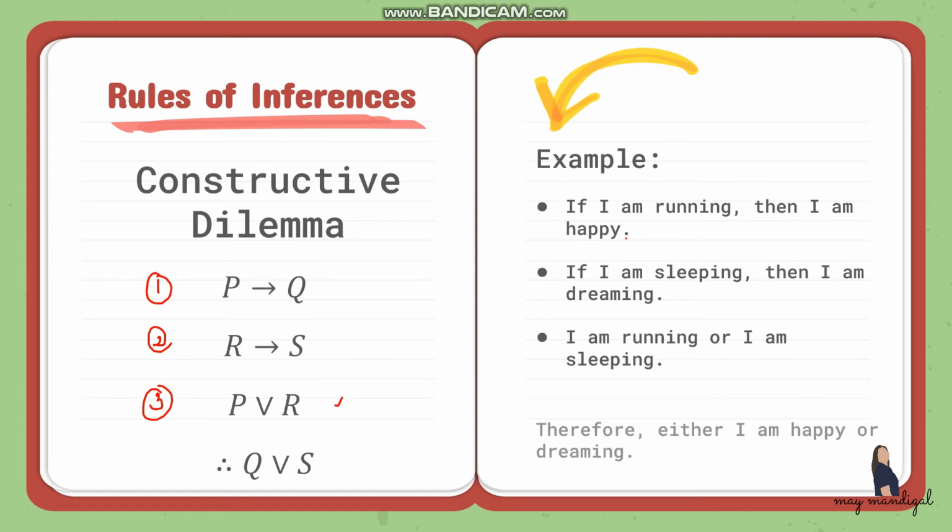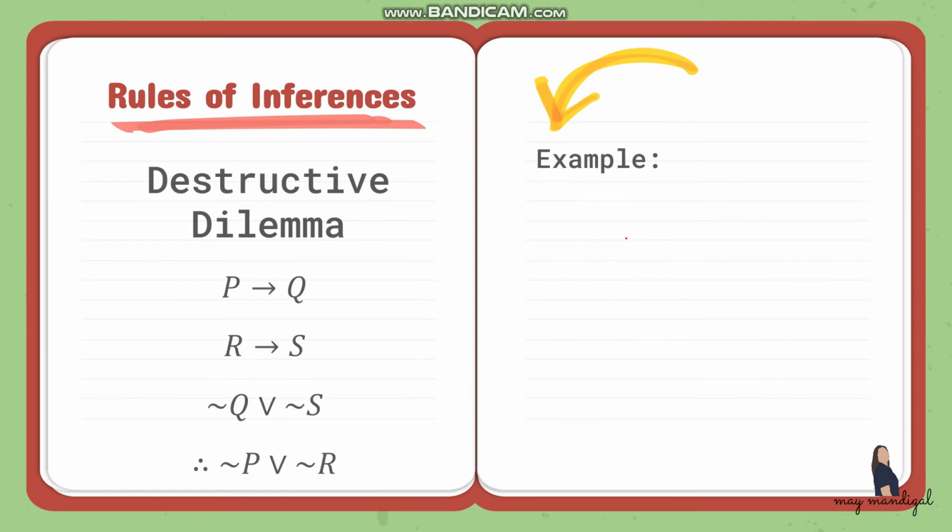So that means, therefore, either I am happy or dreaming. That will be our conclusion because either of our antecedents might happen, so the conclusions from our implications might happen as well. So that is a constructive dilemma.